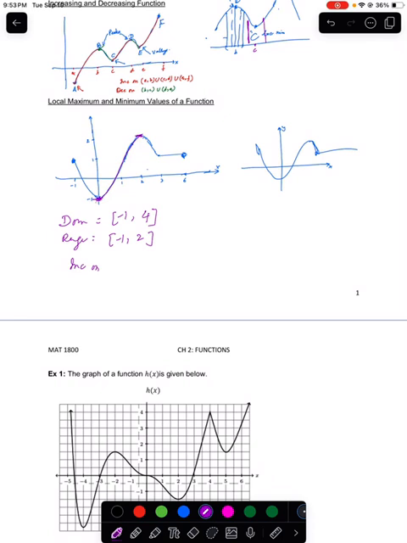Increasing on 0 to 2. And where is it decreasing? So decreasing on, it is decreasing from -1 to 0, union, also it is decreasing from 2 to 3.